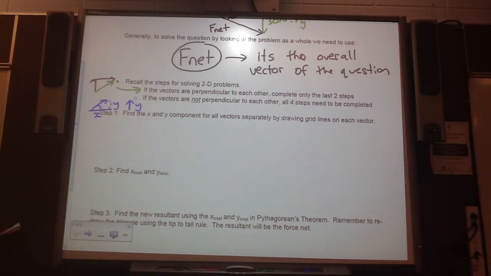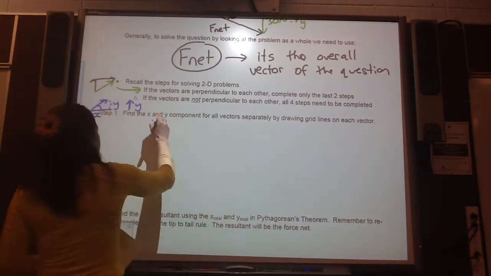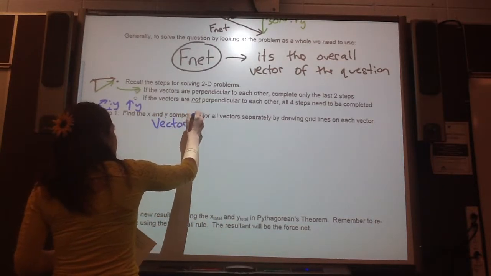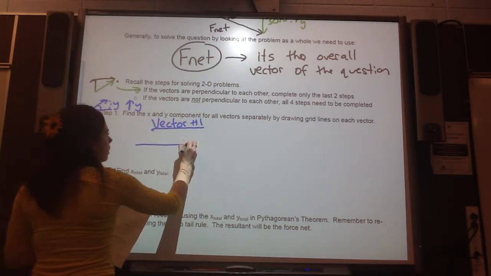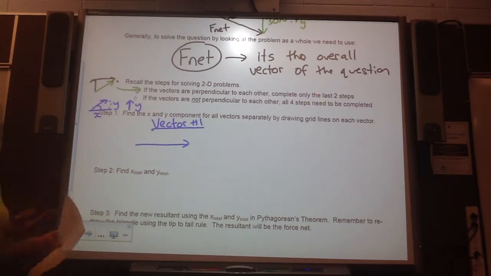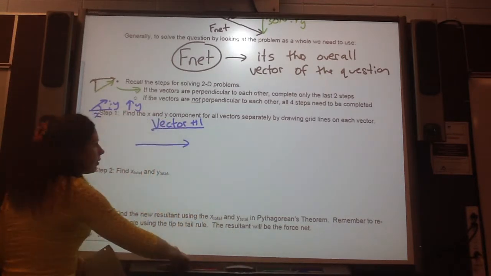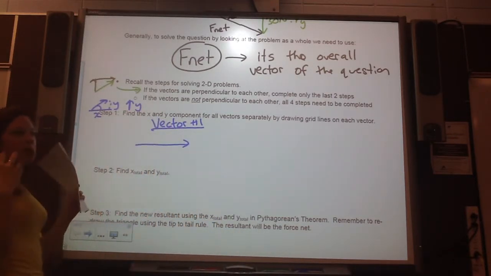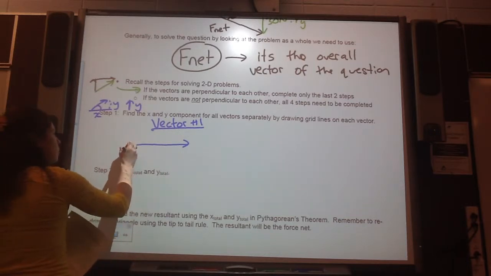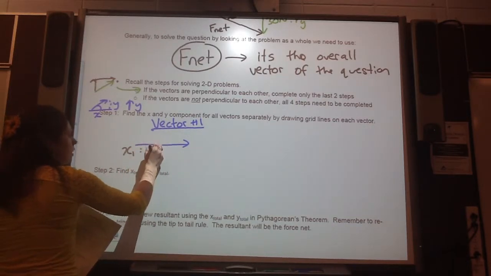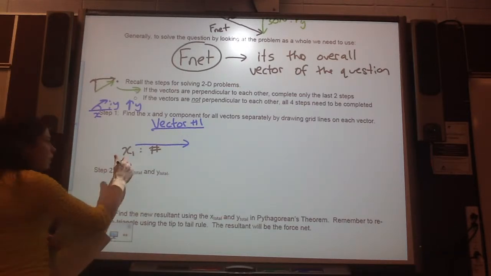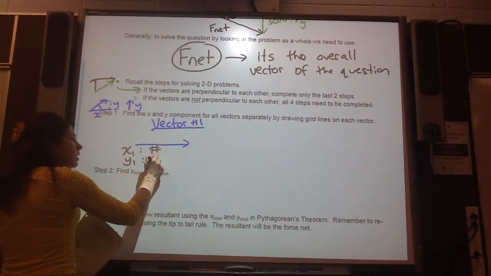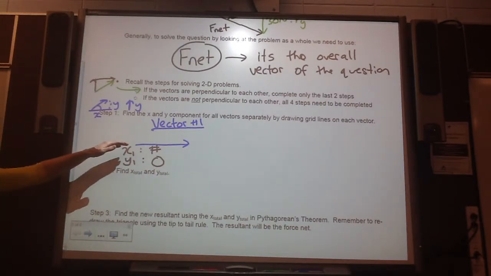So just an example. Say we have vector number 1, going to the right or east. We can break it up into its x and y components. So x1 is equal to whatever number that vector is given, and y1 is 0, because it's not up or down.